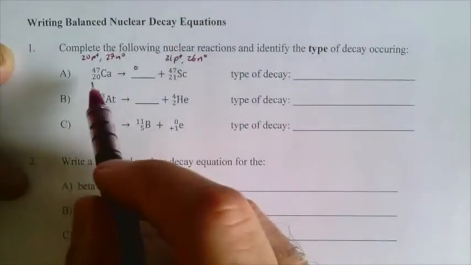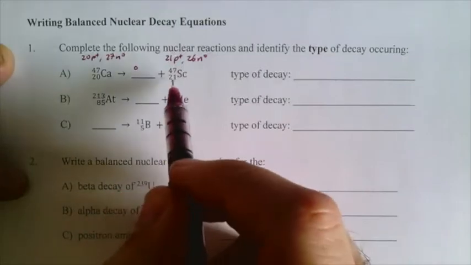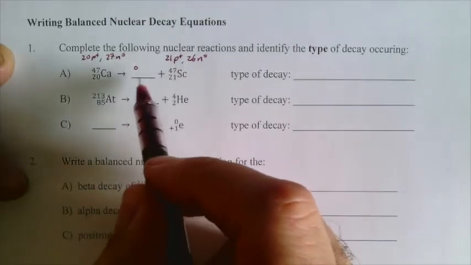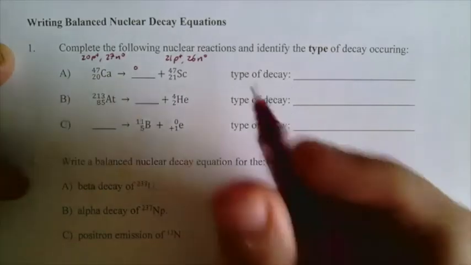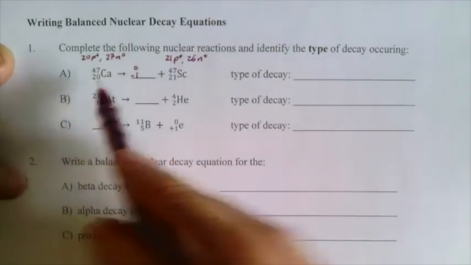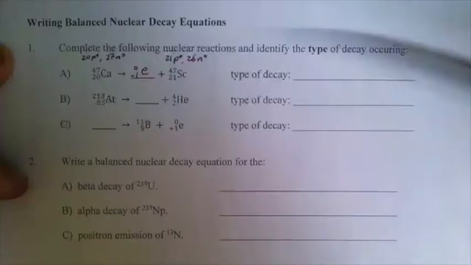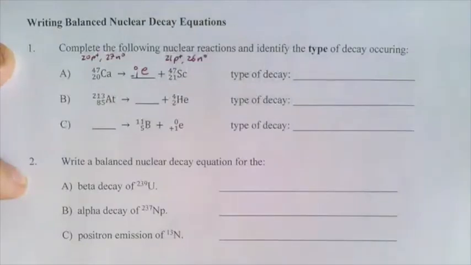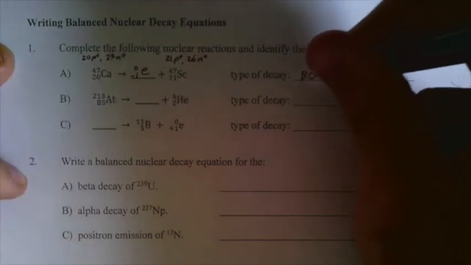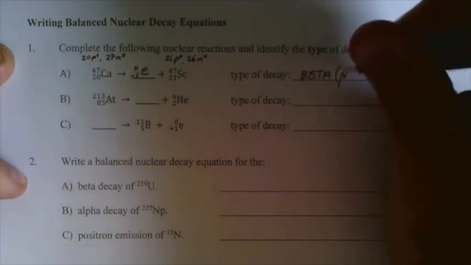And then I need to take its atomic number and add it to 21 to get 20. So think that through for a second. If x plus 21 equals 20, that means x has to be negative 1, because 21 plus negative 1 gives me 20. If we look back at the last video, what we can identify that as is an electron, and that means this is beta decay.